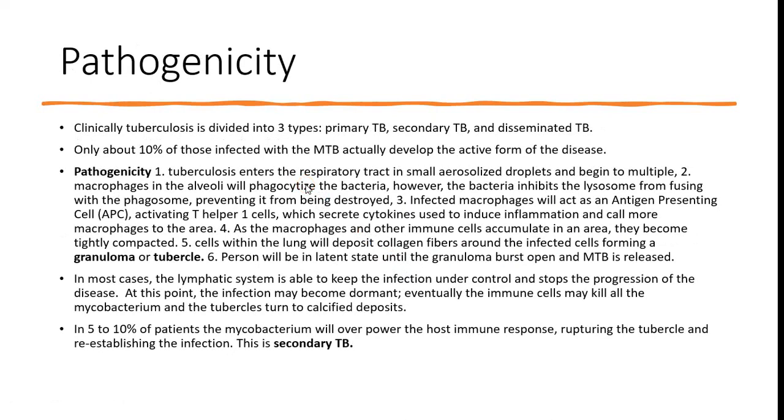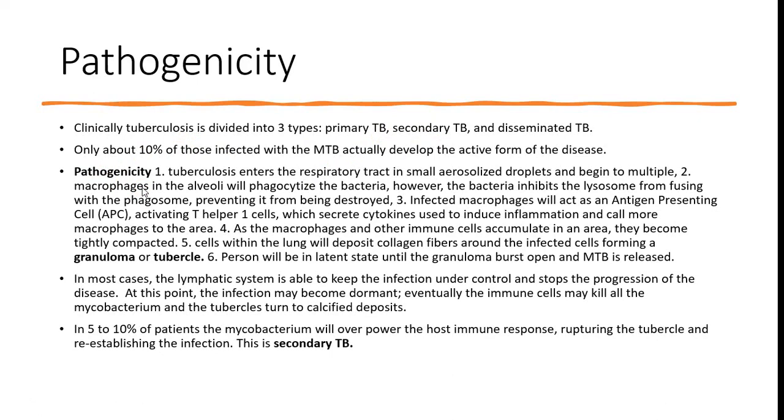Now, recognize one of the things in tuberculosis is that there's basically three types. You have a primary, secondary, and a disseminated tuberculosis. But when somebody gets TB, most of them are going to be in a latent or inactive form. Only about 10% of those develop into the active form of the disease.